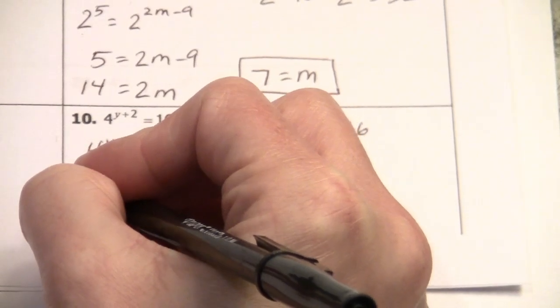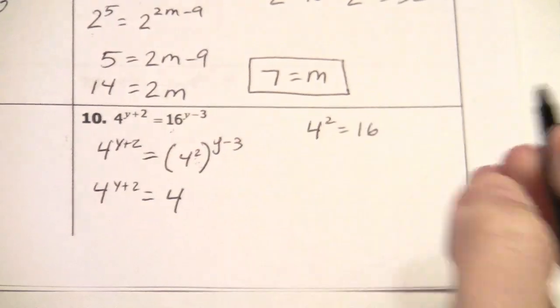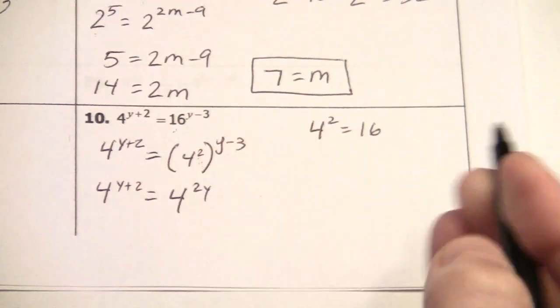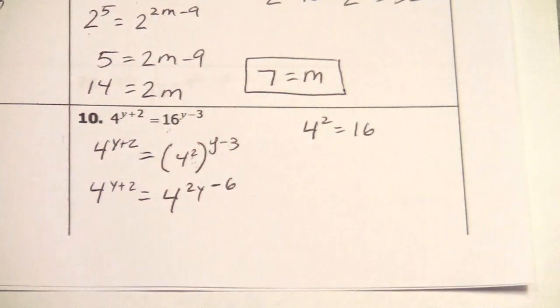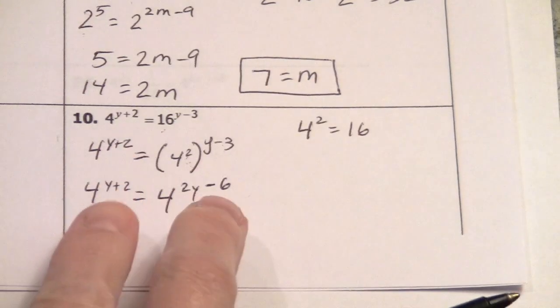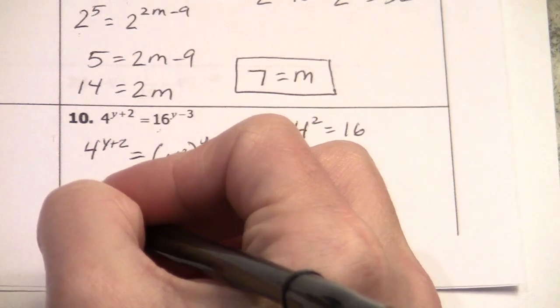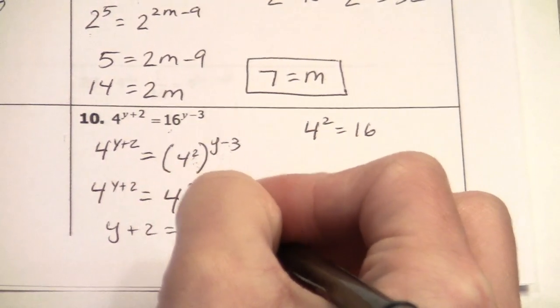We're going to have 4 to the y plus 2 equal to 4 to the 2 times y, 2y, 2 times negative 3, negative 6. Same base, take those two powers, set them equal. We have y plus 2 equals 2y minus 6.